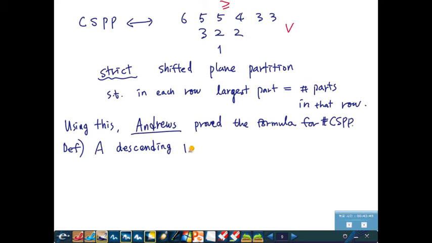Descending plane partition. What is this?